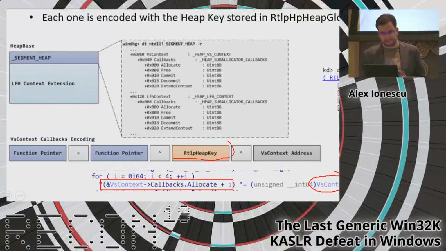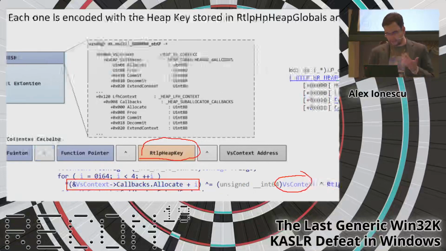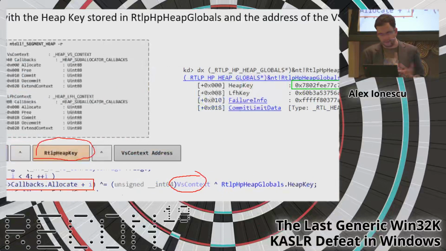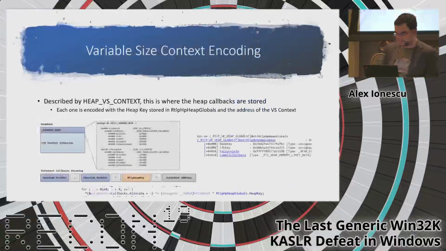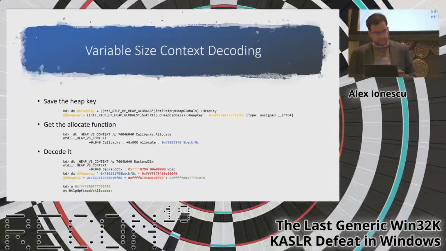Now in his slides, you're going to see RtlpHeapKey, because he talked about the user mode implementation, and that's a global inside of NTDLL. In the kernel, it's going to be this RtlpHpHeapGlobals.HeapKey. So slightly different kind of data structure where the key is stored. And obviously the idea is you're not supposed to know what the key is. So this encodes the context, but we can decode it, obviously, if we have the heap key.